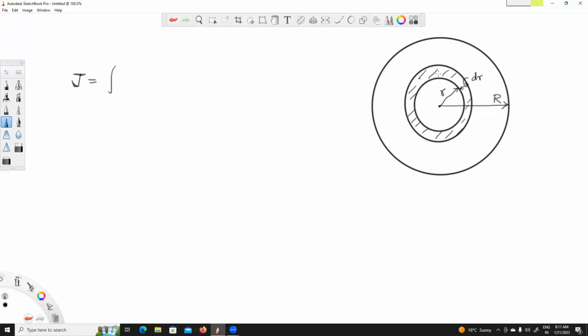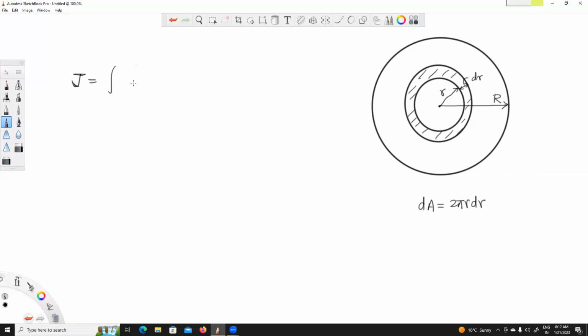You have to consider the area of this particular shell. So this is basically area times distance squared, integrated over this particular cross section. The small area we have already seen is equal to 2 pi r dr. We are going to multiply this with r squared and then integrate.